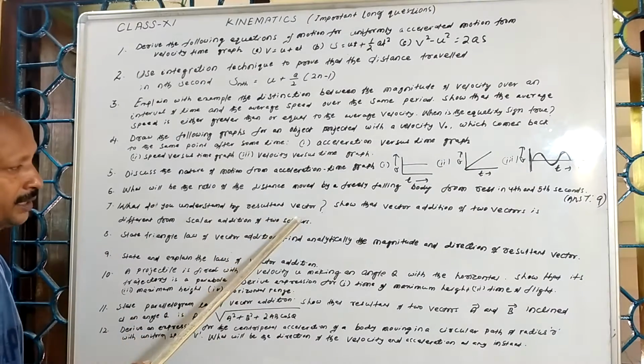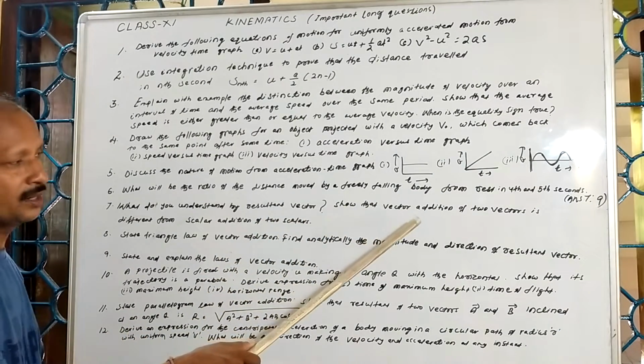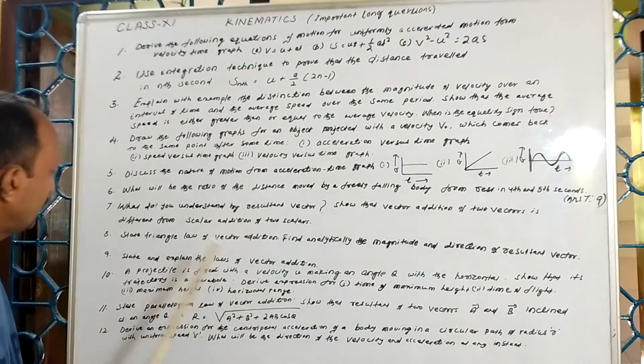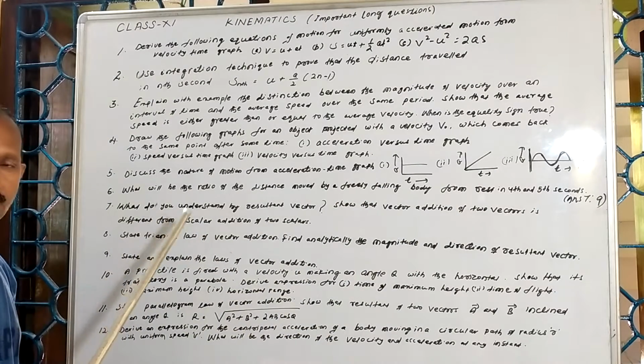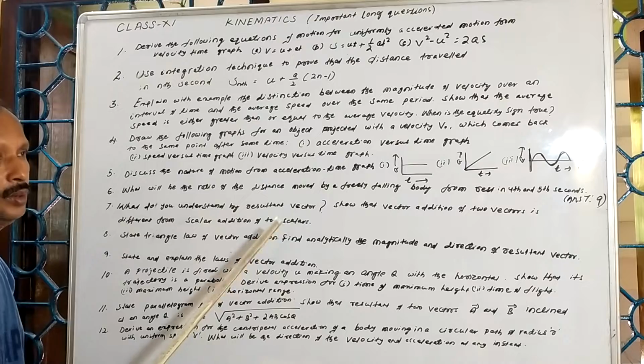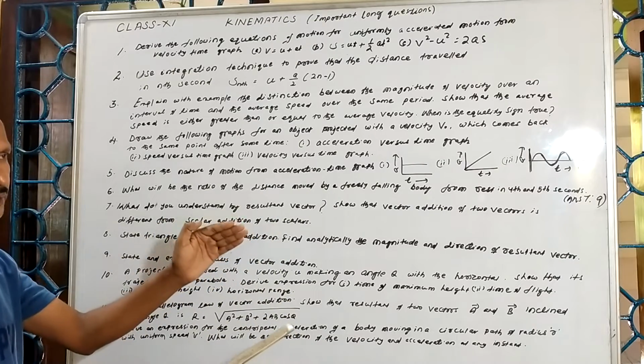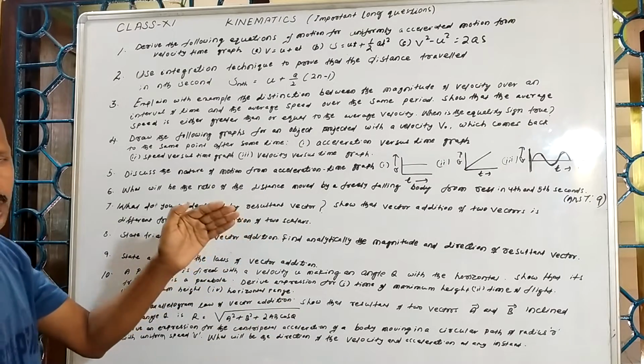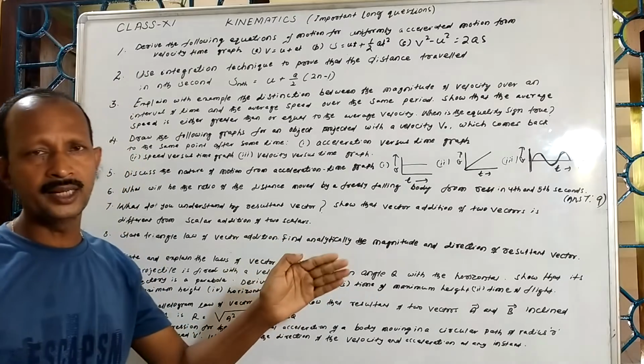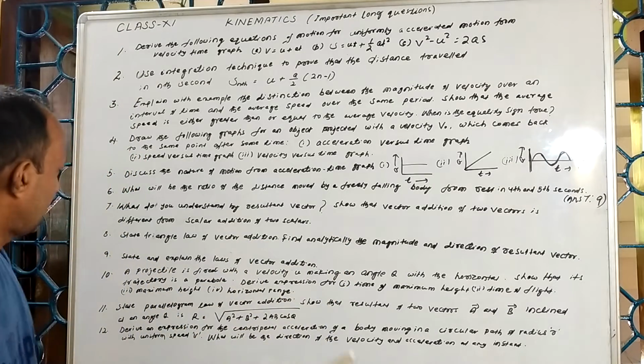What is a resultant vector? How is the vector addition of two vectors different from the scalar addition of two scalars?